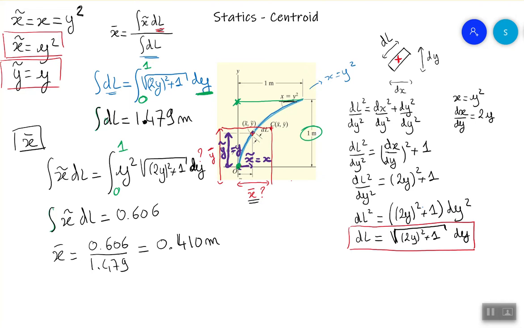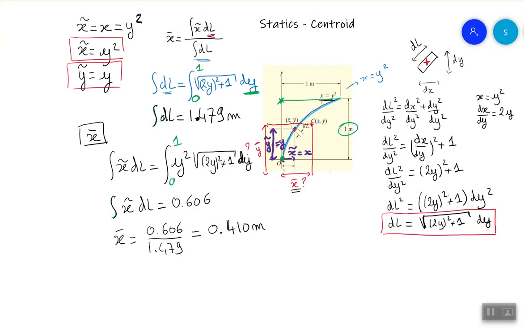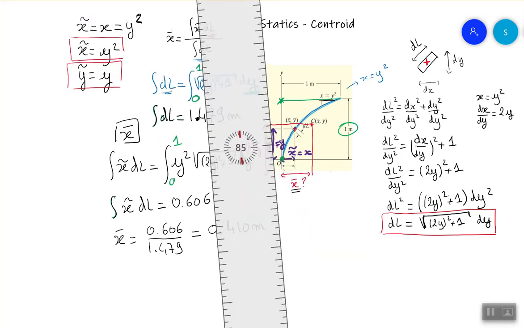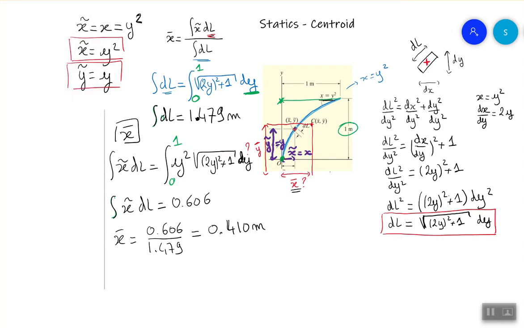And now we need to find y bar. So y bar is equal to the integral of y tilde dl divided by the integral of dl.